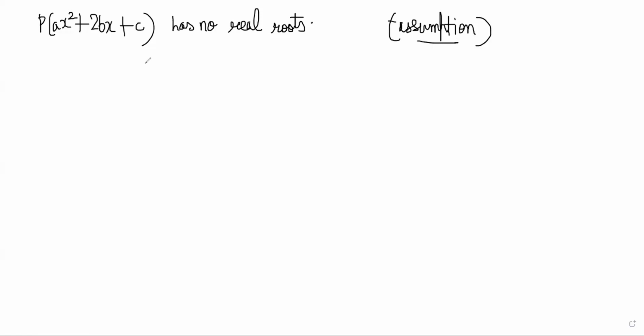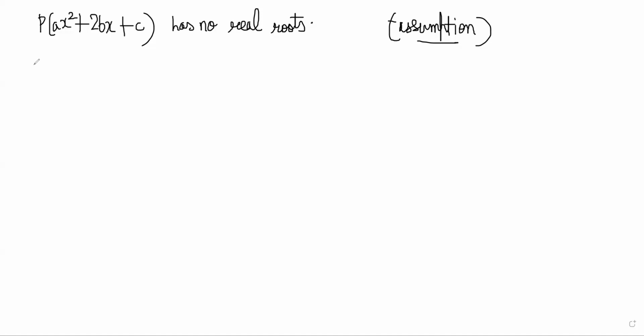So that means if p of ax square plus 2bx plus c has no real roots, then basically all of the values of p of ax square plus 2bx plus c will be greater than 0. Right?